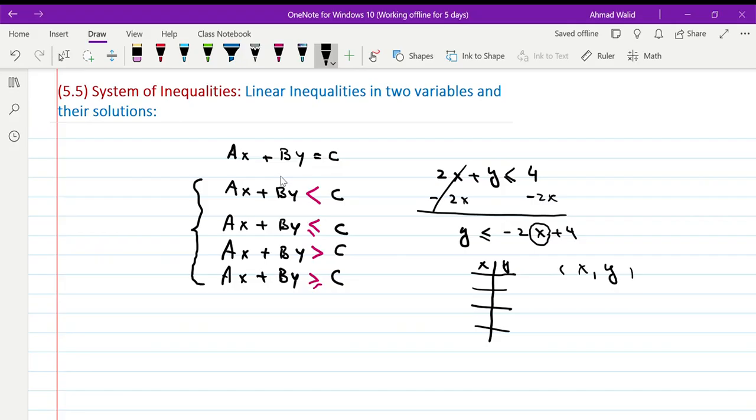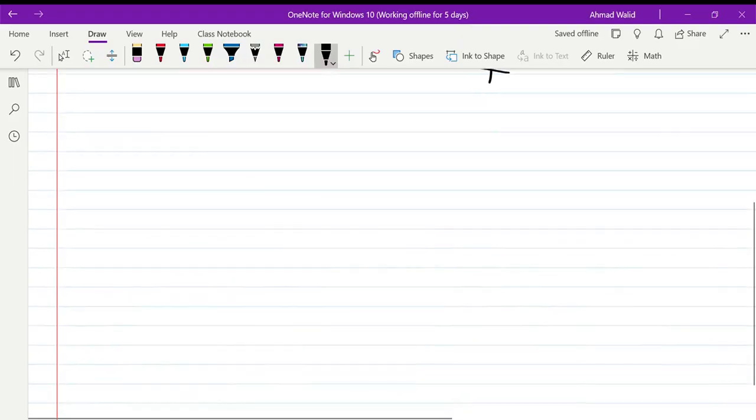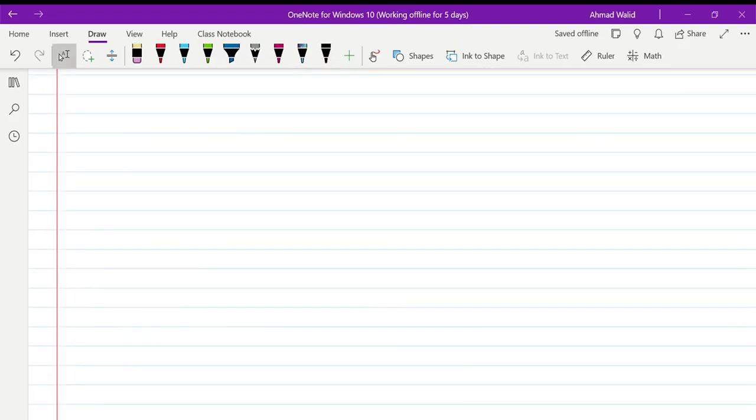Now, we are here first talking about how to graph a linear inequality, correct?